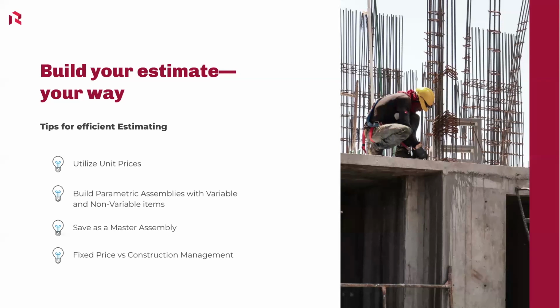And then also saving as a master assembly. You may find that you're often doing very similar looking estimates with cost code assemblies, let's say, for instance, for electrical, and you've got all the same items very commonly that you would like to be able to do on other projects. You want that to be something you could pull into another project without having to use an import or without having to manually recreate all those different items on the estimate for that new job.